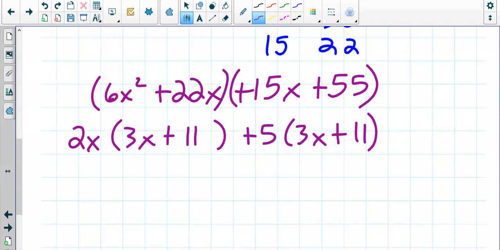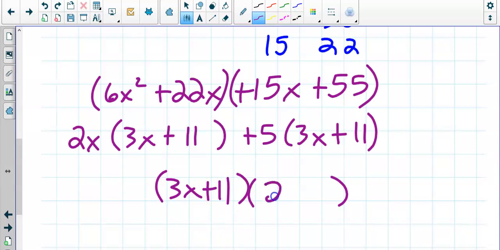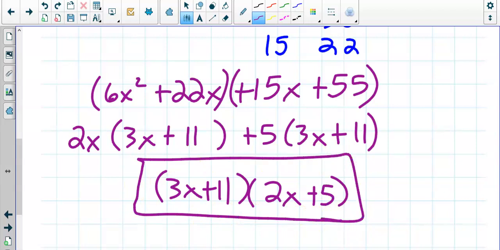And I'm going to put the plus sign in front of it because that's important for us. Any questions so far? And then now write your two parentheses. What are they? So she put the repeat first, and then there's your GCF. Perfect. There it is. You could put the 2x plus 5 and then the 3x plus 11.